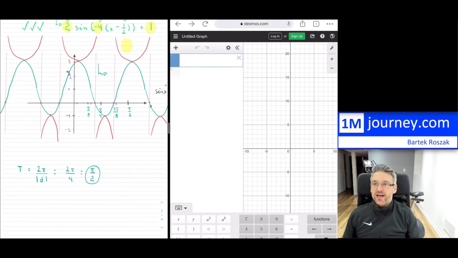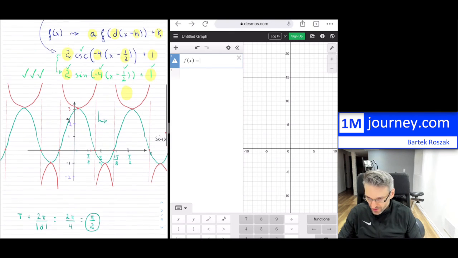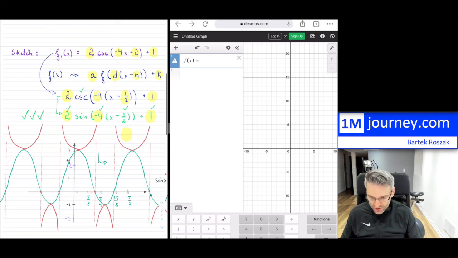All right, so here's Desmos. So let's say F1 of that, equals, maybe I'll call this F. So the first one, our original, so this is what it was. So I'm going to go back here, 2.